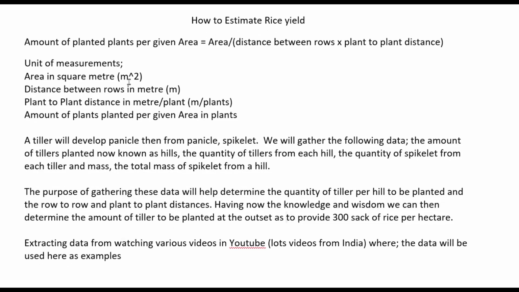The area is in square meter. Distance, of course, are in meters, and then plant to plant is in meters per plants. And of course, the amount of plants per given area can be calculated.